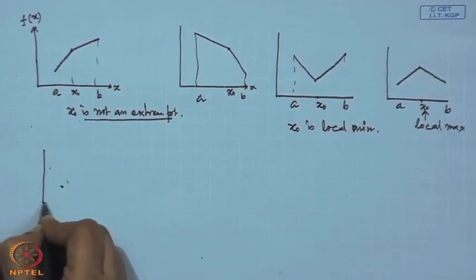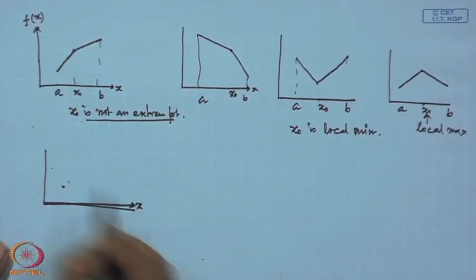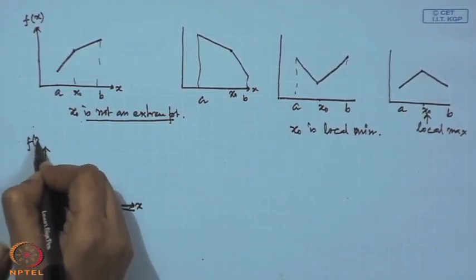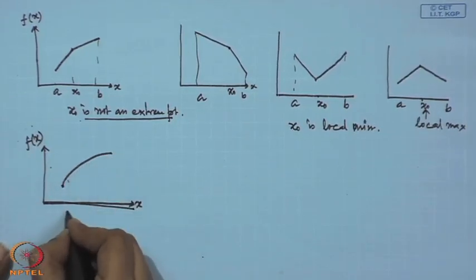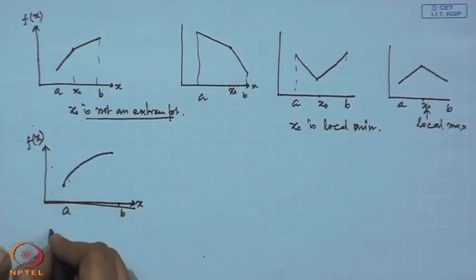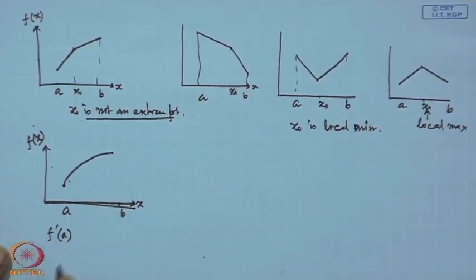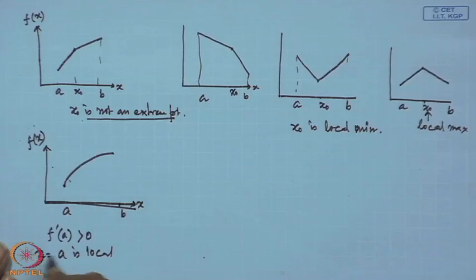Let us take the next case, the next limitation. This is our x and this is f of x, and the function is defined like this from a to b. What we see at point a: f dot a, is it 0? Not really, f dot a is greater than 0, but we have to say x equal to a is a local minima.